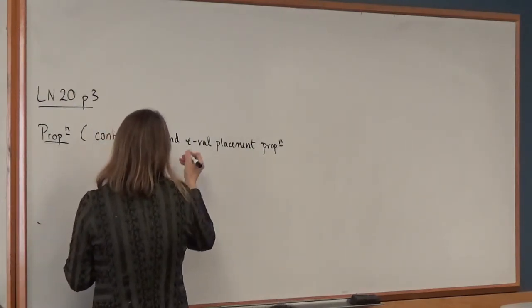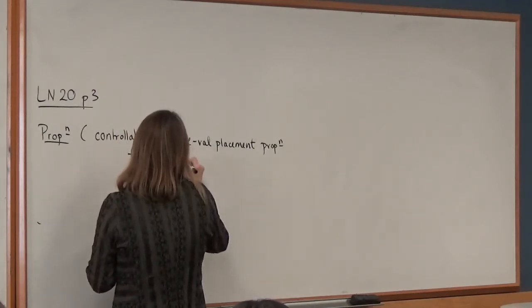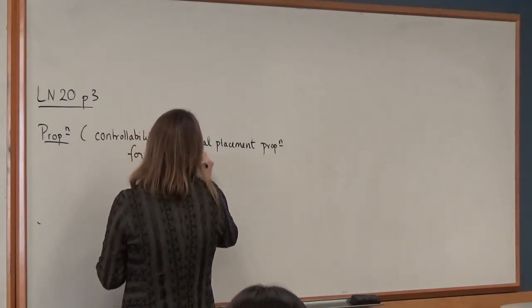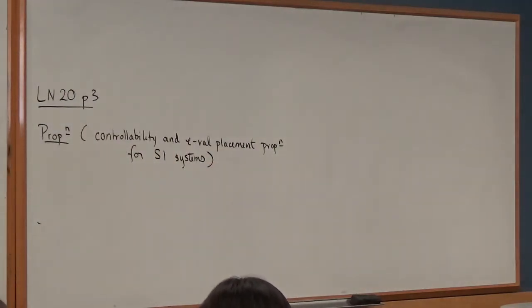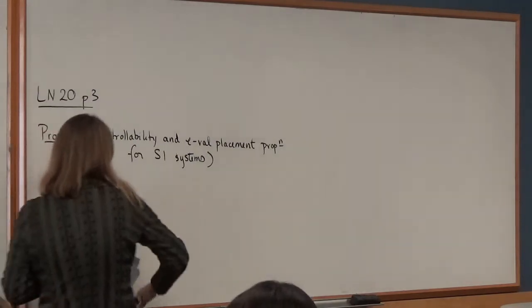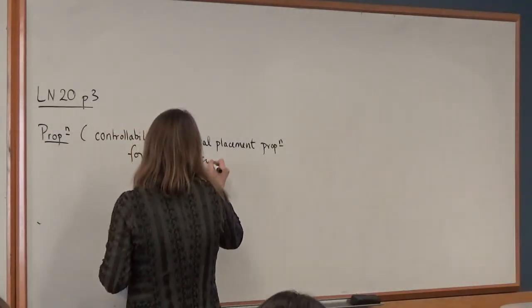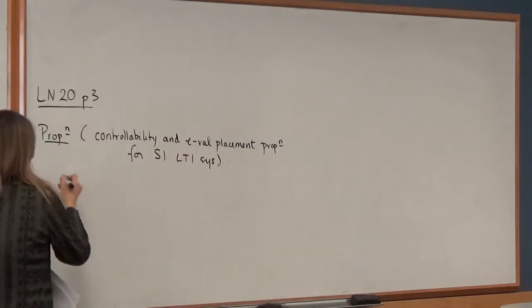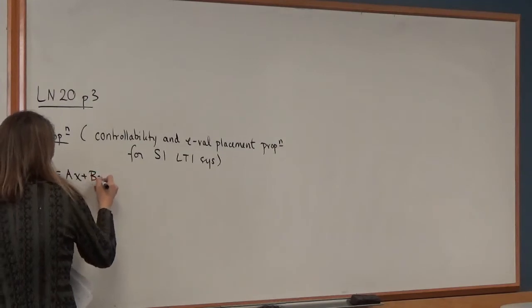For single input, we don't even have an output, so we'll just say single input systems. And that proposition goes as follows. So suppose you have a time invariant, so for single input, let's put that in because that's important, LTI system. Okay, so suppose you've got your system x dot equals Ax plus Bu.